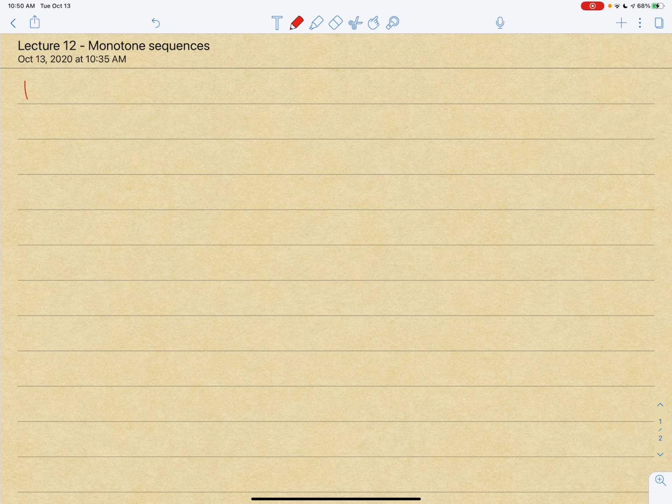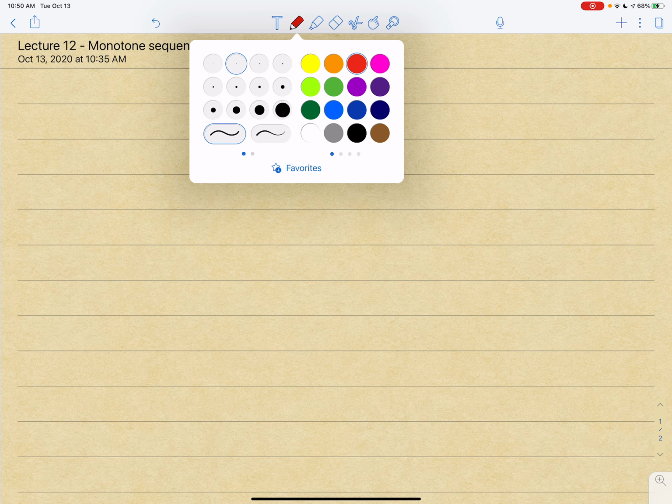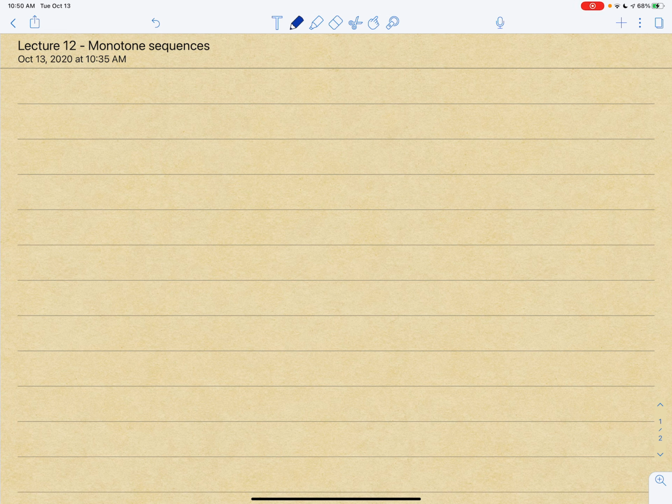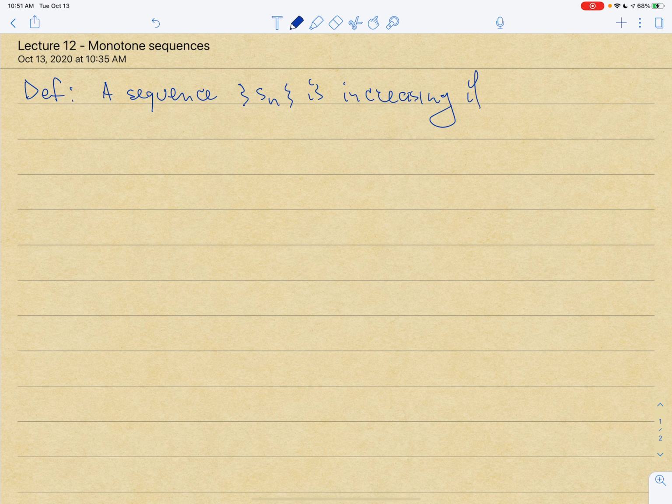Definition number one. A sequence Sn is called increasing if every next term in the sequence is going to be larger than the previous term.